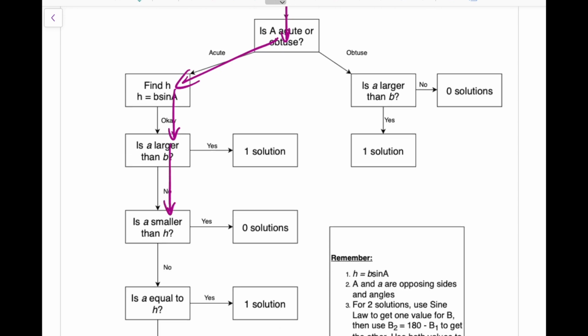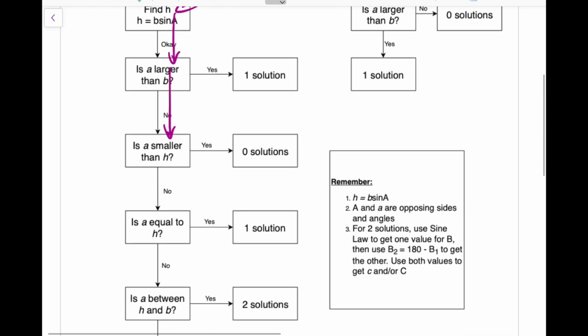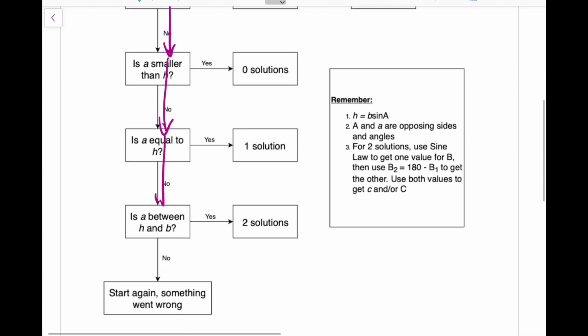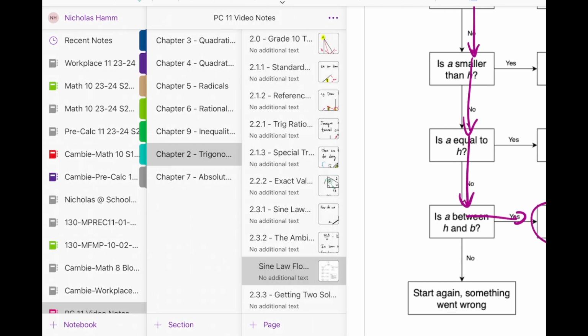Nope. H is 8, A is 9, so no. A isn't equal to H either, so we go past that. Is A between H and B? So again, looking at what we've got, A is 9, H is 8.04, and B is 11. So yes, A is in between H and B, and we do have two solutions.